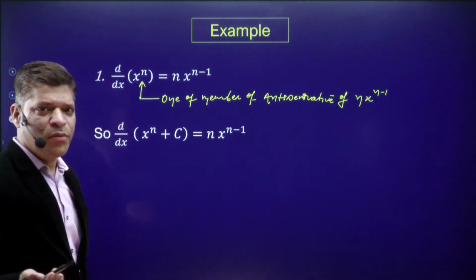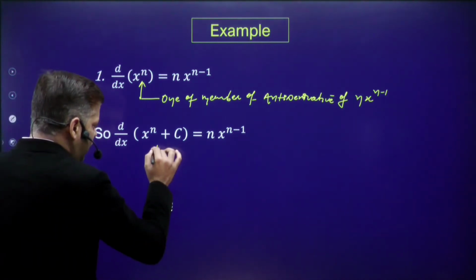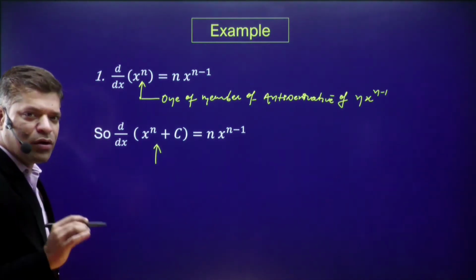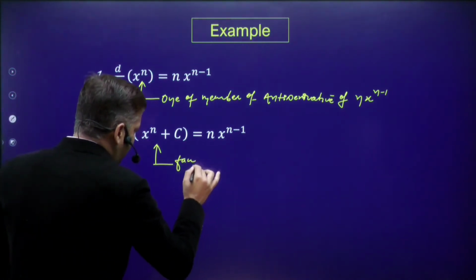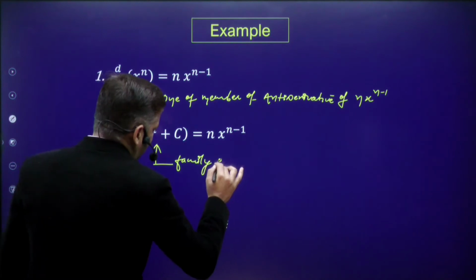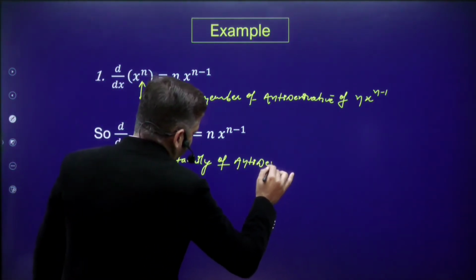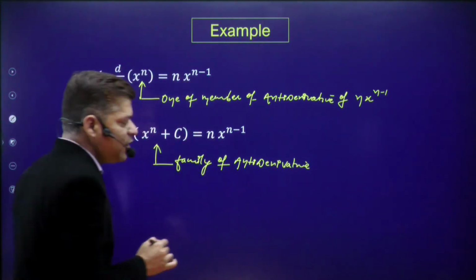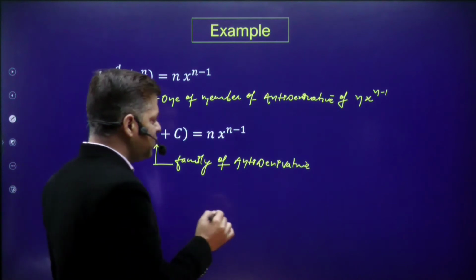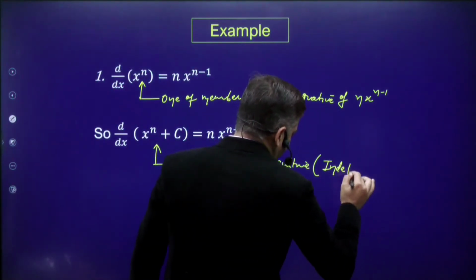And when we add an arbitrary constant c, this is called a family of antiderivatives. Whenever we study a family of antiderivatives, this is called an indefinite integral.